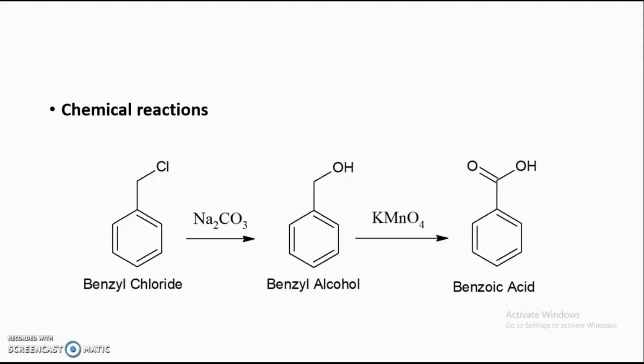Now this is the chemical reaction that is involved in the synthesis of benzoic acid from benzyl chloride. Here you can see that this is the benzyl chloride. Here benzyl chloride, when reacted in presence of sodium carbonate and potassium permanganate, first it will be converted into benzyl alcohol.